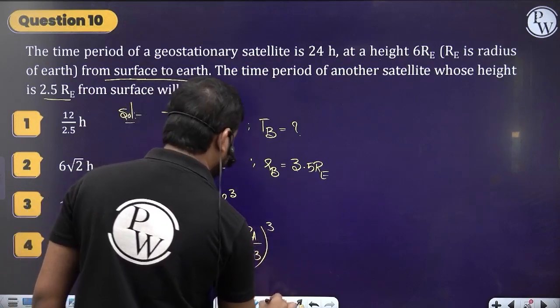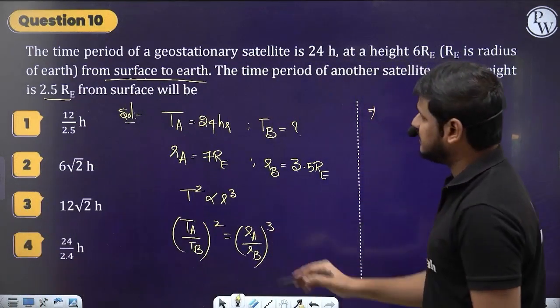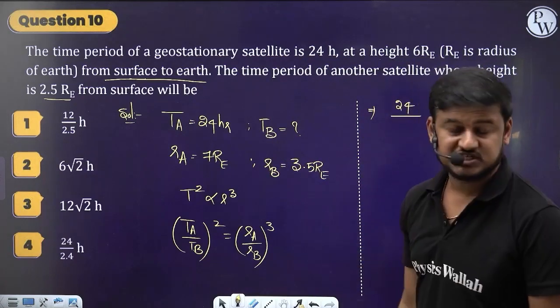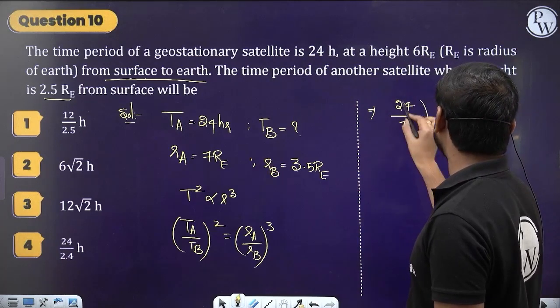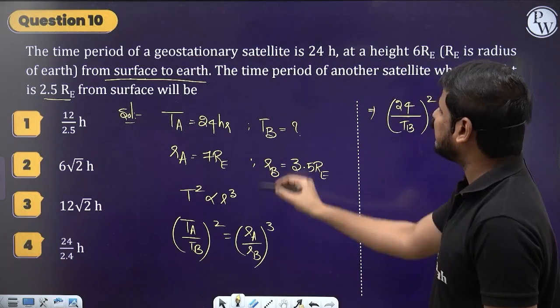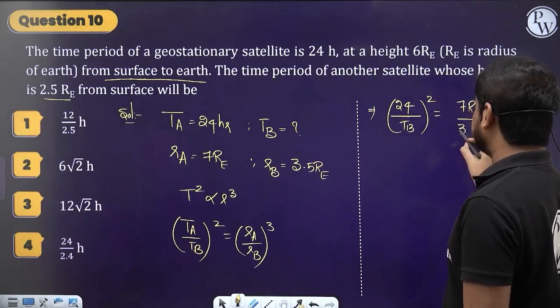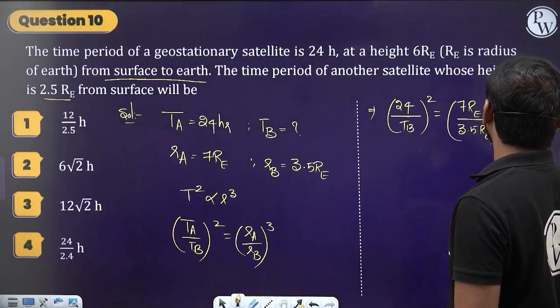TA, the time period of the first satellite, is 24 hours because it's a geostationary satellite, by TB whole square is equal to RA, 7 RE, by RB, 3.5 RE, whole cube.